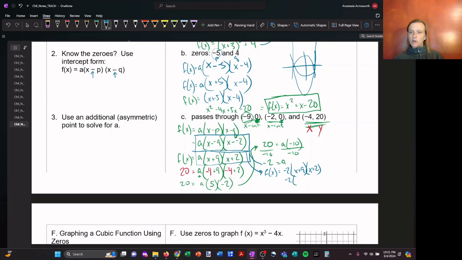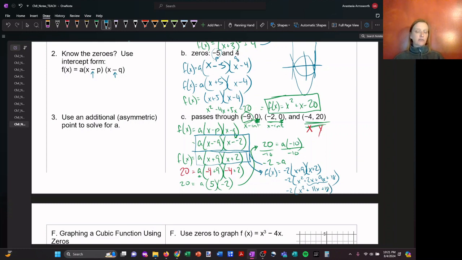I'm going to have -2 out front. X times x is x squared. X times 2 is 2x. X times 9 is 9x. And 9 times 2 is 18. And combining like terms here, I get -2 times x squared plus 11x plus 18.